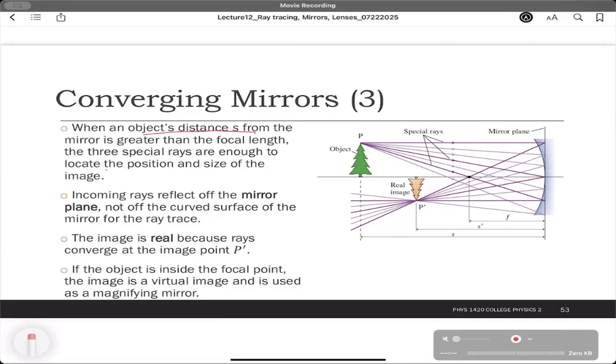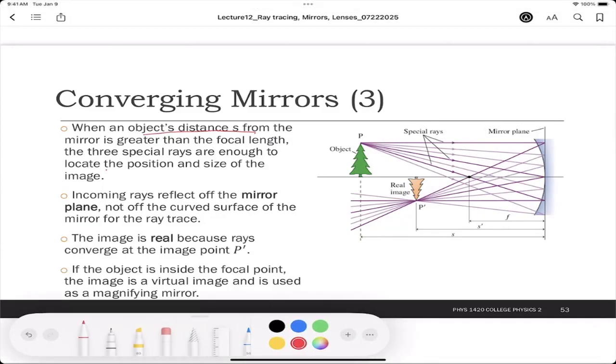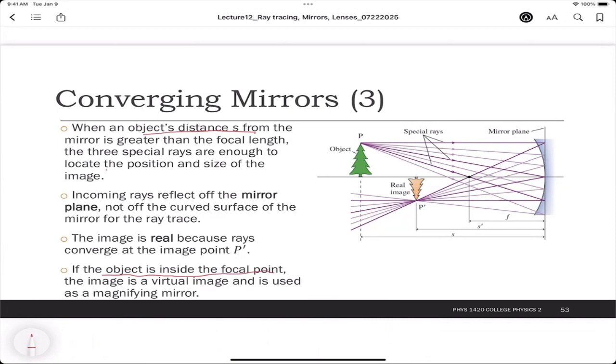Let's talk about why, if the object is inside the focal point, the image is a virtual image and is used as a magnifying mirror.